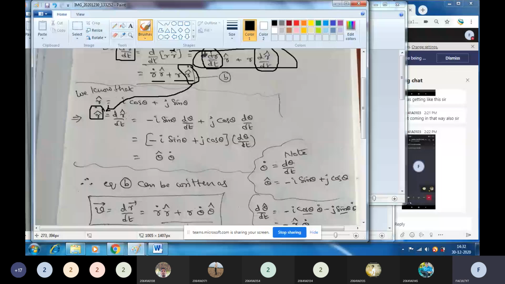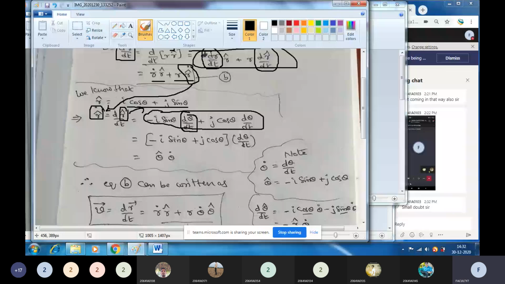Now you differentiate the above equation. If you differentiate this i cos theta plus j sin theta, you are going to get these particular factors. Here again you are getting d theta by dt, and here also d theta by dt.